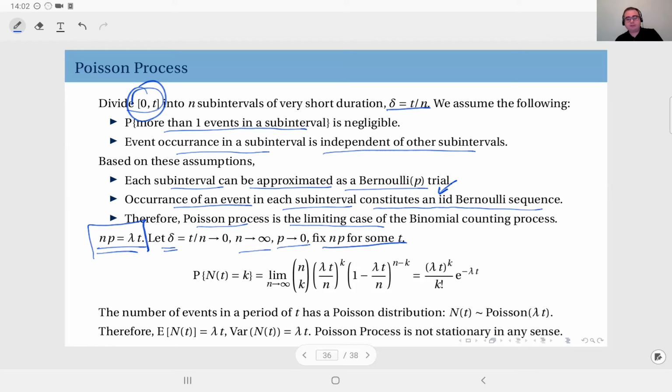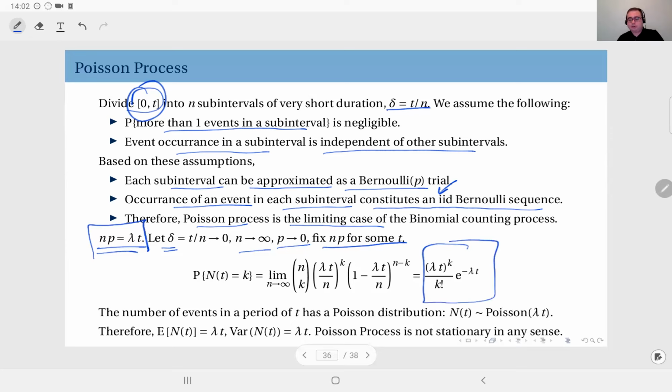So in this case, the number of events in the interval 0 to t will again be the limiting case of a binomial distribution, which turns out to be obviously a Poisson distribution, but with parameter lambda times t.